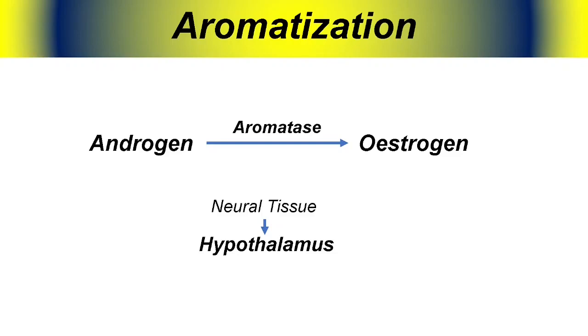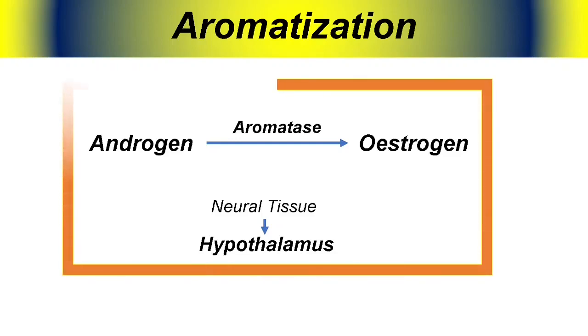If this process does not occur in the hypothalamus, then the hypothalamus will think that the developing fetus is a female fetus. So the aromatization process must occur in the hypothalamus to inform it that the developing fetus is the male one.